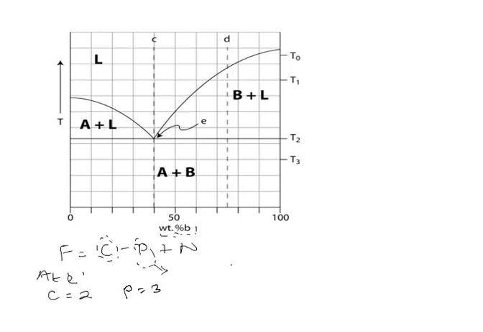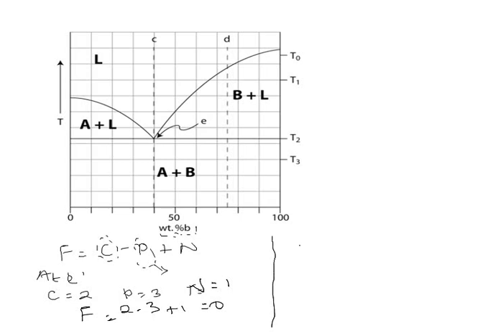While our N is going to be equal to 1 because we just have one independent variable contained in this graph. We only have temperature, right? So our N is equal to 1. So our calculation will be F is equal to 2 minus 3 plus 1, which will give us 0. And of course this makes sense because it's the point of equilibrium.